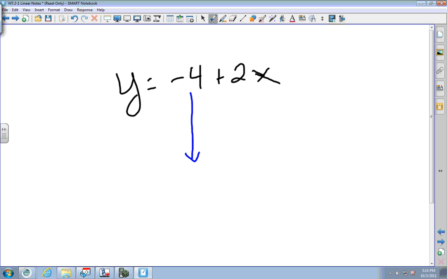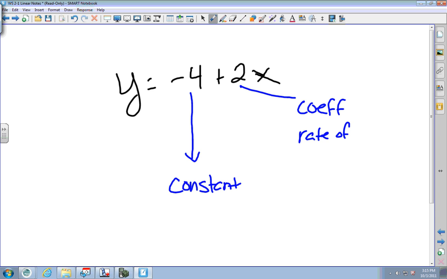Right here, this minus 4, a lot of people are going to tell me it's the coefficient. It is the constant. The coefficient is the number that goes with the x, and this is the coefficient. We also call it the rate of change. We call it delta y over delta x, rise over run.